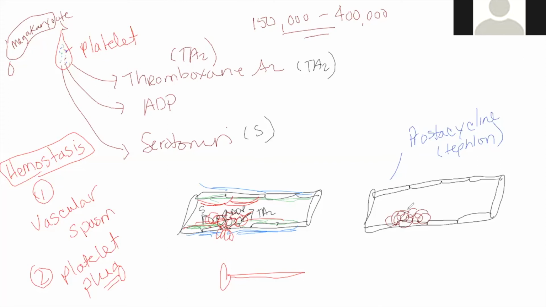So I need a fibrin mesh here. All right. And the fibrin mesh is actually number three, which is coagulation, right? So then we have these three steps to hemostasis.